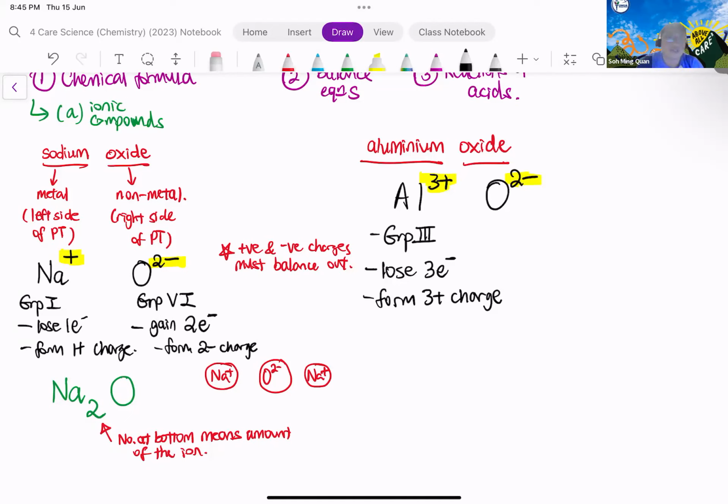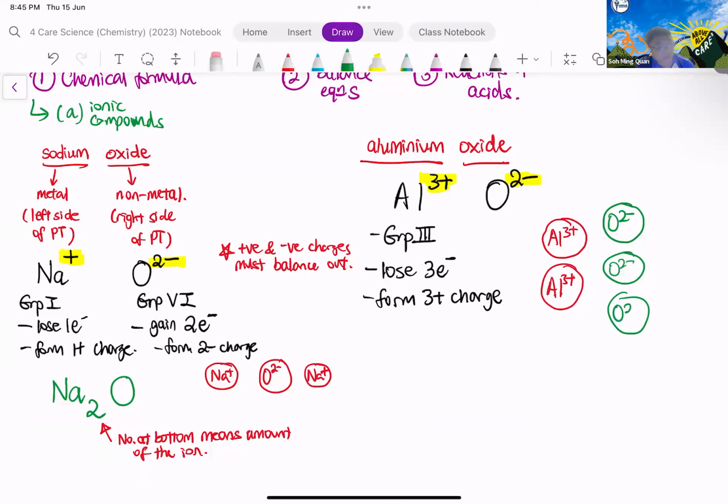So the question now is, okay, clearly 3 plus, 2 minus are not balanced. What if I have 2 Al3 plus and 3 O2 minus? This works, right?